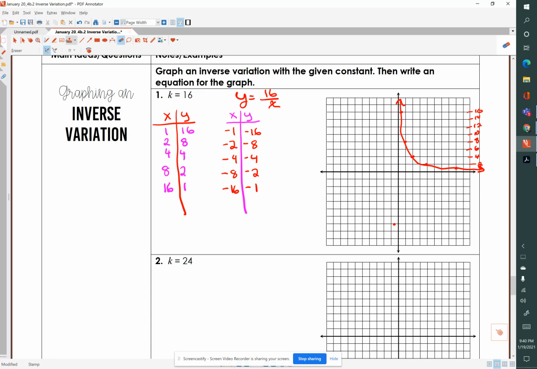Remember, we're counting by 2's on the x and y axis. So negative 2, 2, 4, 6, 8, negative 4, 4, negative 8, 2, negative 16, 1. Okay, and here's the other line that makes up this graph.